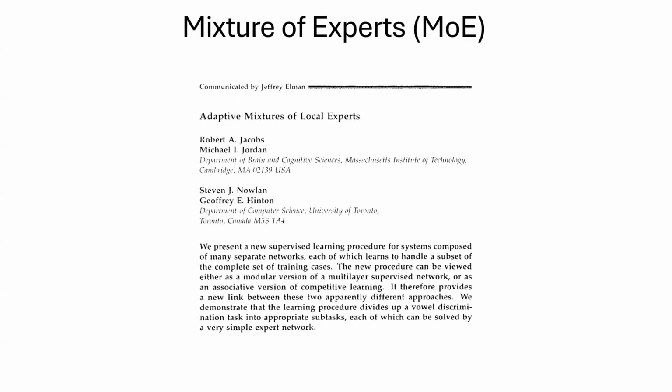What is mixture of expert? It first started in the 1980s or the 1990s at MIT, in a collaborative work between MIT and the Department of Computer Science, University of Toronto, where they coined the term adaptive mixture of local experts.